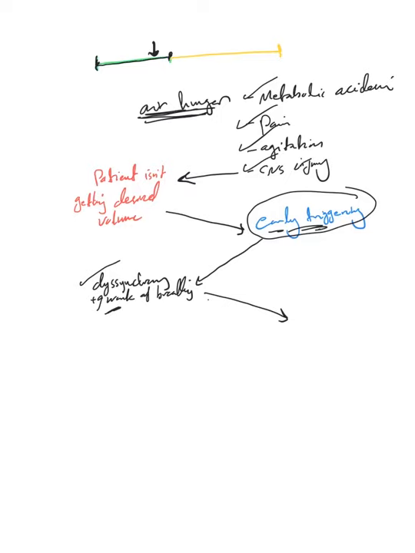So how to solve? The first thing is treat these underlying problems. Treat his acidosis, manage his pain properly, manage his agitation, give him proper sedation, and treat this problem if it's treatable. That's one thing.